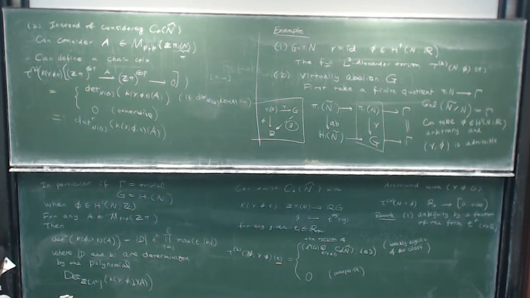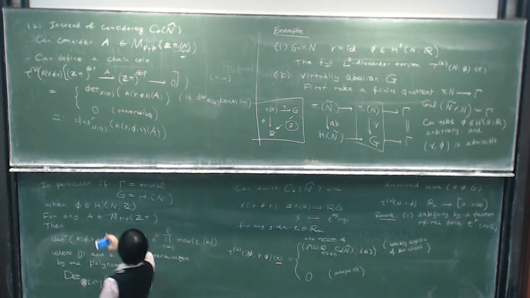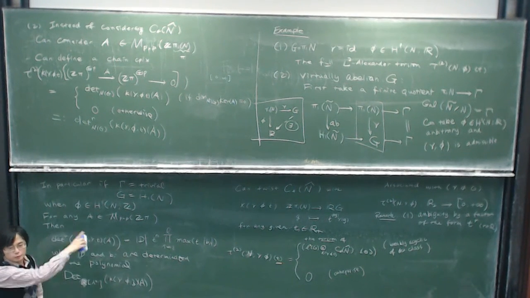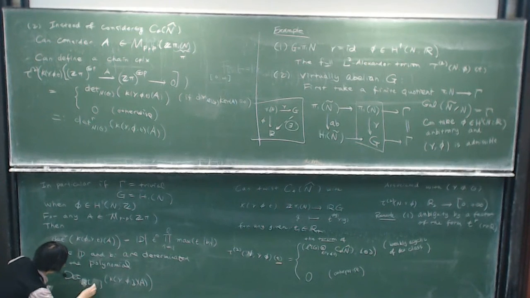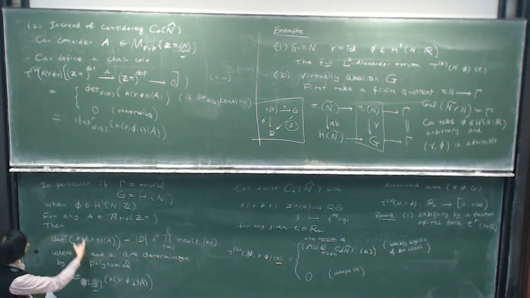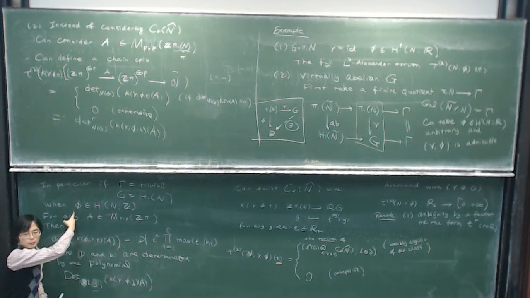Yes, if you fix a cohomology class, it factors through a rank 1 group. So basically you can specialize to a single variable that is due to this cohomology class.